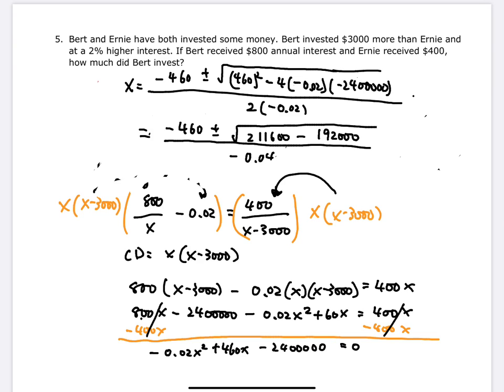So a little bit of extra spacing issues. I told you guys I'm pretty bad at space management. So 211,600 minus 192,000, you get 19,600 over negative 0.04, which square root of 19,600 is 140.